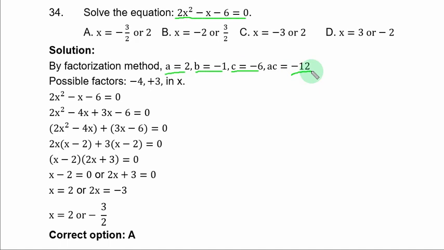Now your attention is on 12, not 6. So you look for two factors of 12 that the sum is minus 1 in s and the product is minus 12. Such factors are minus 4s plus 3s.